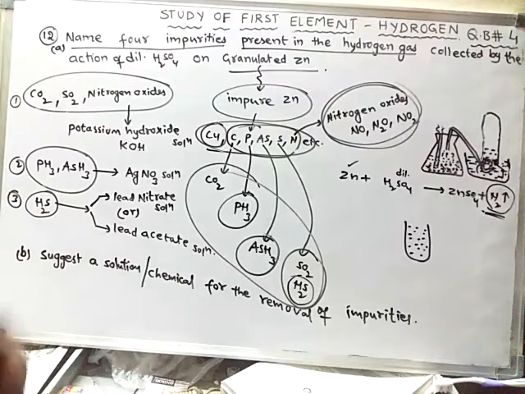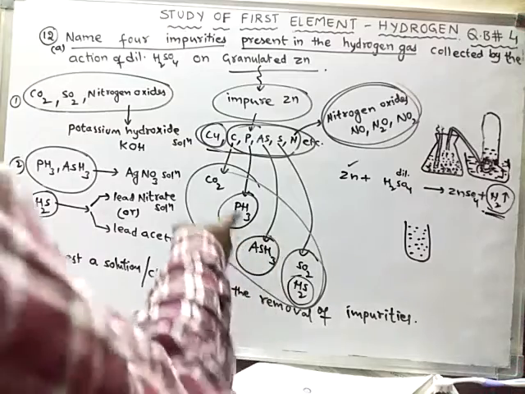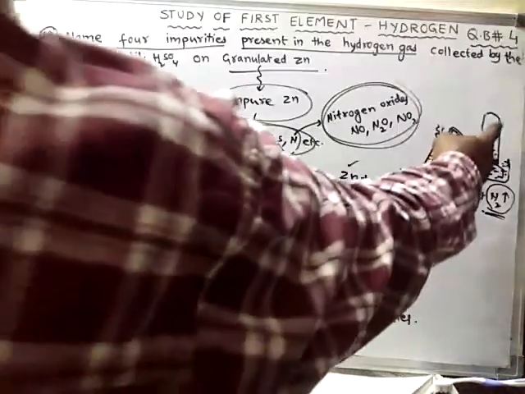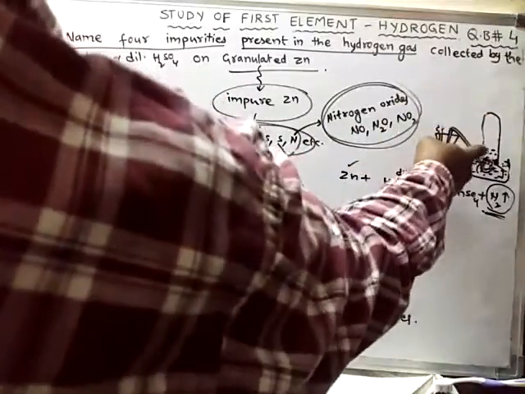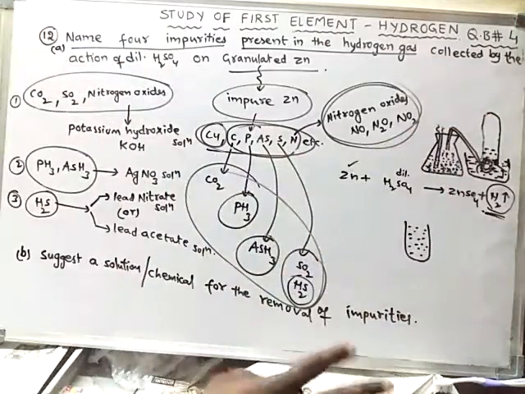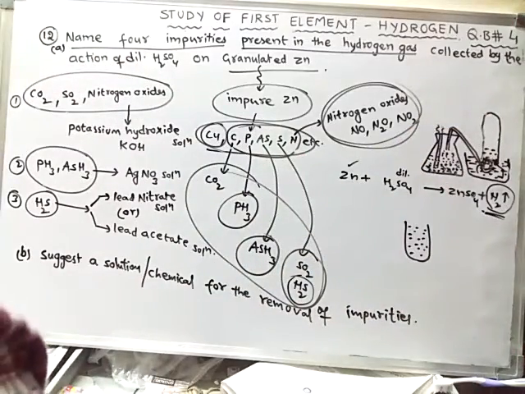So different solutions can be used to remove different impurities which are present in the hydrogen gas. This hydrogen gas which is collected here is not a pure hydrogen gas initially.